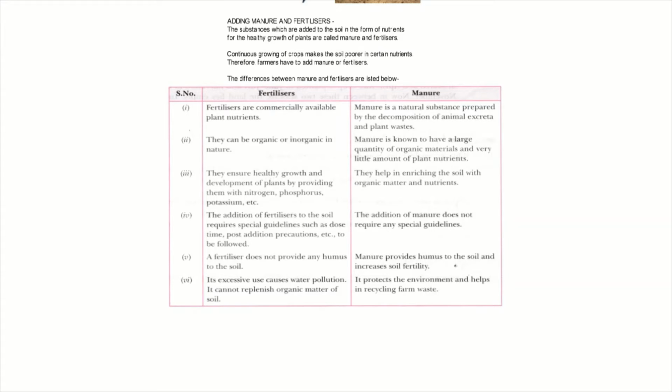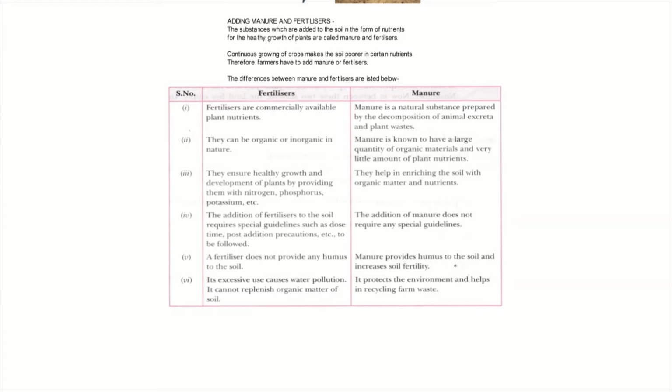While talking about manure, it is a natural substance which is prepared by decomposition of animal excreta and plant waste. Manure is known to have a large quantity of organic matter and is rich in all kinds of nutrients.